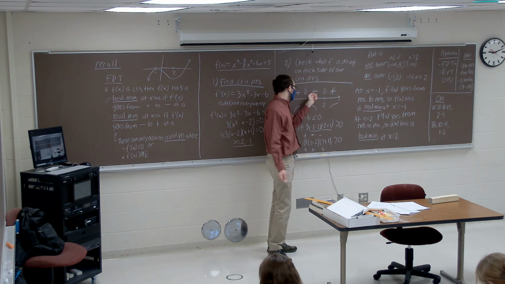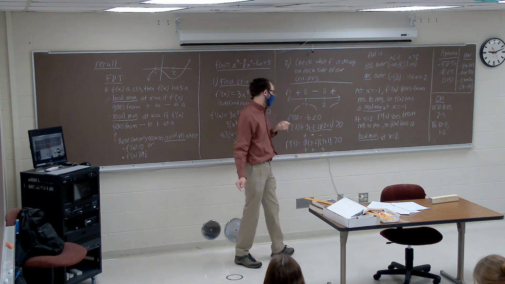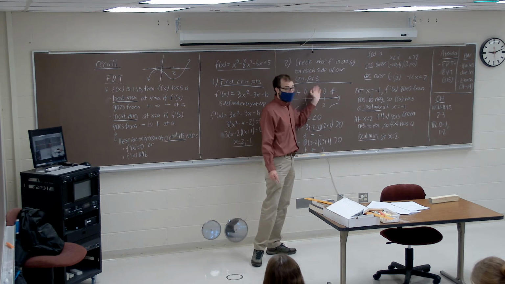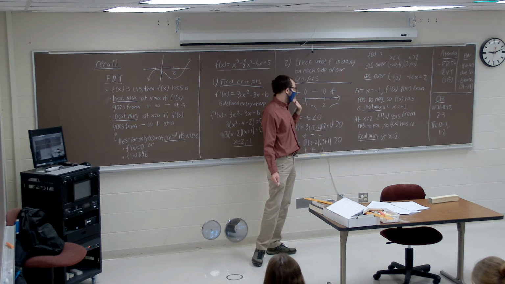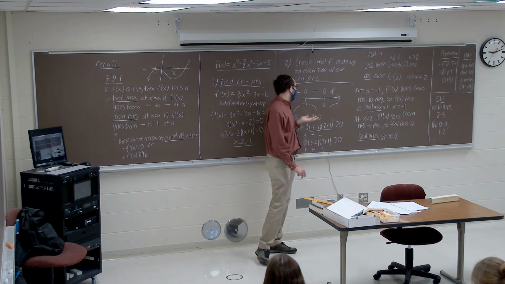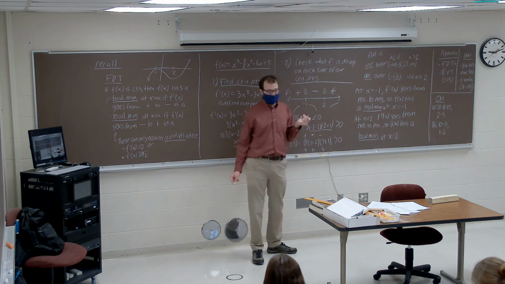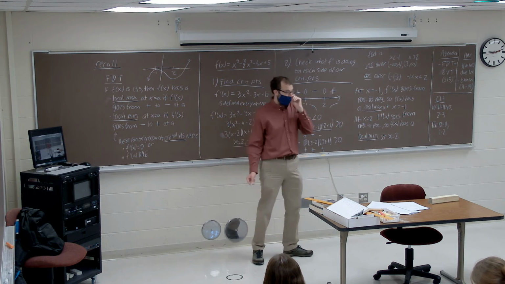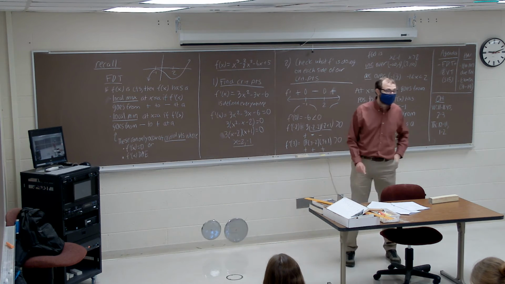You check what f prime is doing between your critical points and on the far left and right hand side. And then use the first derivative test to say, if f prime is going from positive to negative, we have a local max. Negative to positive means we have a local min. Wherever f prime is positive, we have increasing behavior. Wherever f prime is negative, we have decreasing behavior.